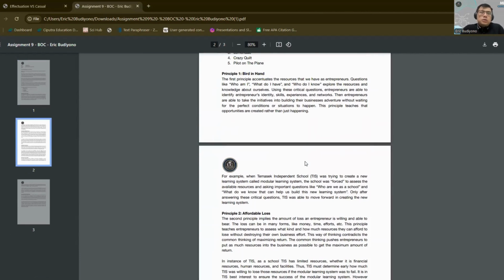So let's move back to principle number one, which is bird in hand. The first principle is basically saying that we need to know ourselves. We need to explore our resources. We need to know who we can contact, what our expertise is, etc. So we need to know our skills, experience, and networks.